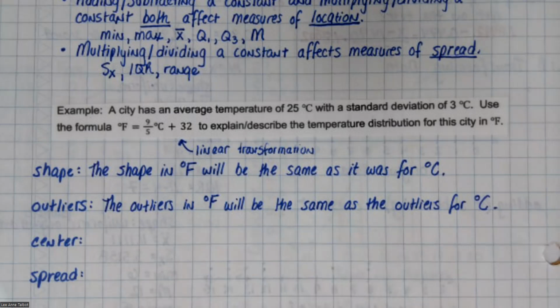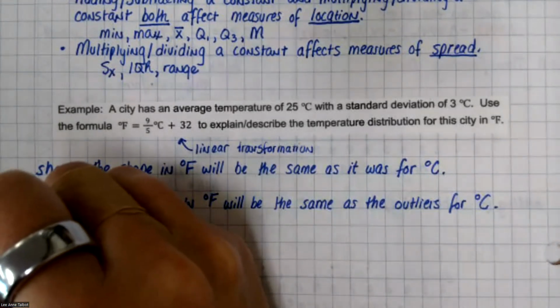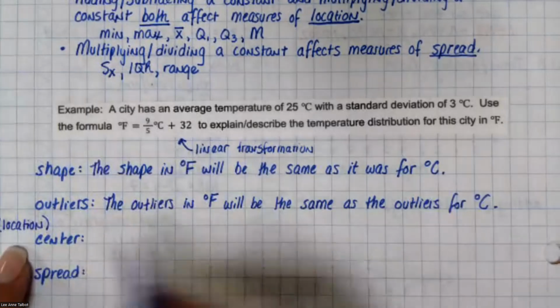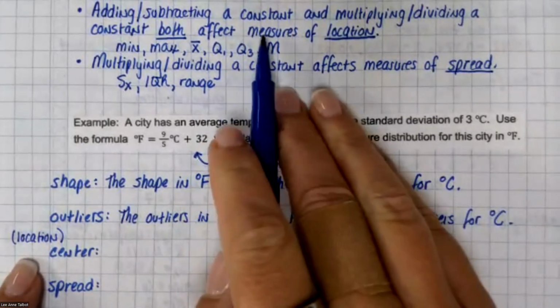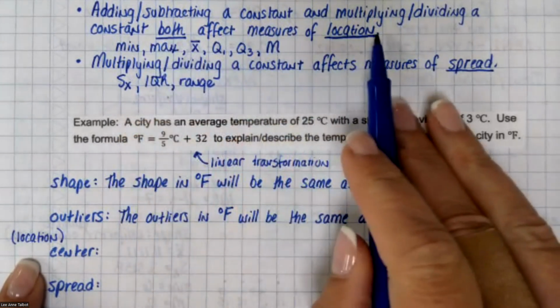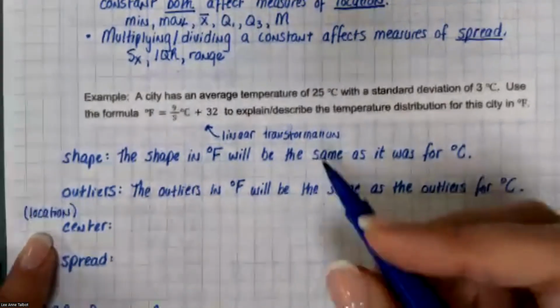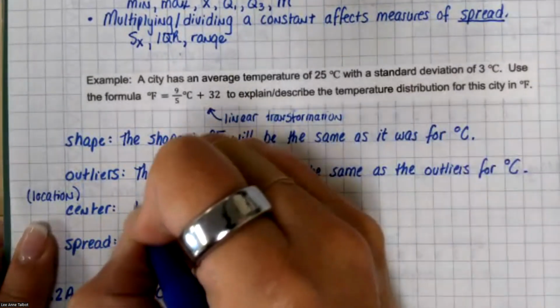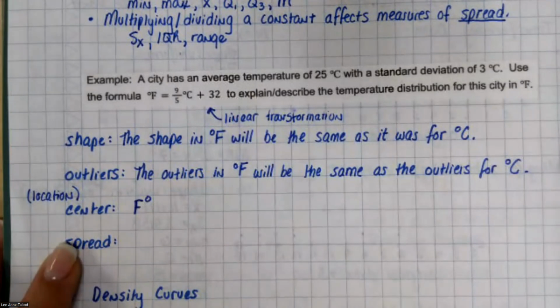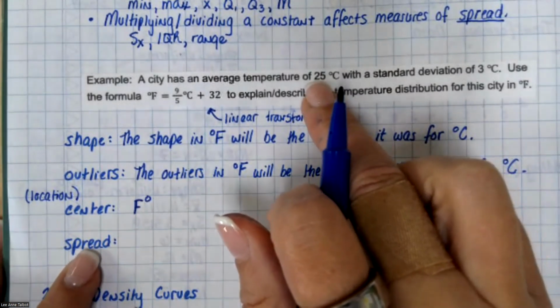Okay, now center. Center is location. I'm putting that little note there so you can jot your mind to go up here. Center's location. Adding and subtracting and multiplying and dividing both affect measures of location. So in Fahrenheit, my average is 25, so that's my center, my mean.